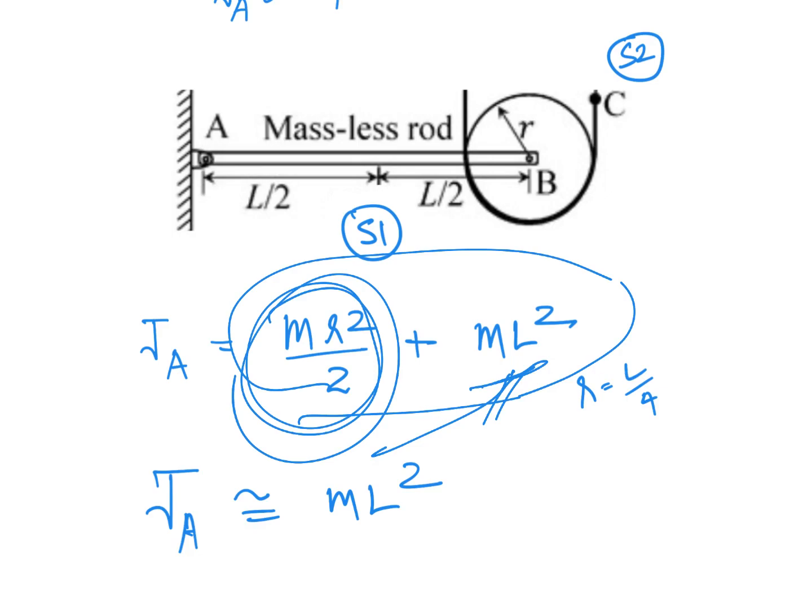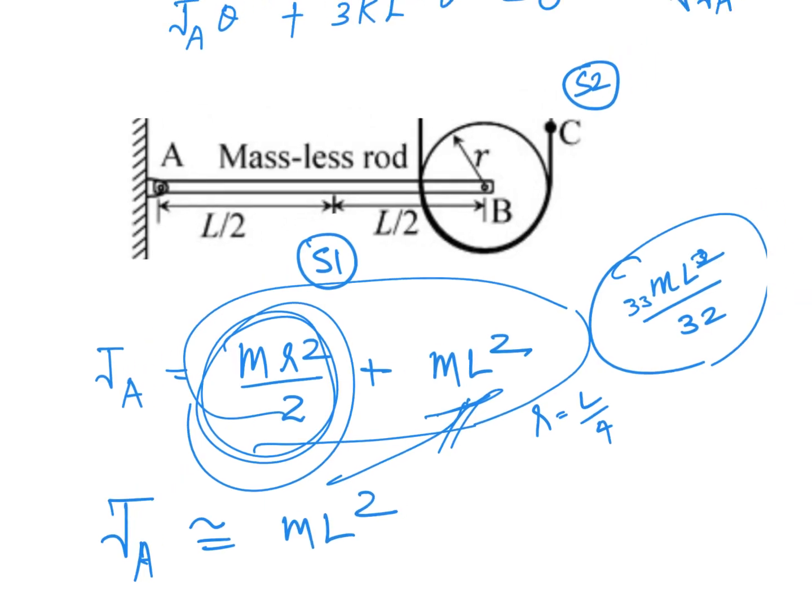If you take the mass moment of inertia exactly, then it will amount to something like, if I am right, 33 ml square by 32, I guess. So this will be our final mass moment of inertia about the point A. But they are assuming it is as good as ml square, which is a valid guess.